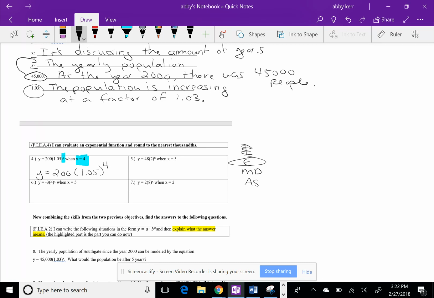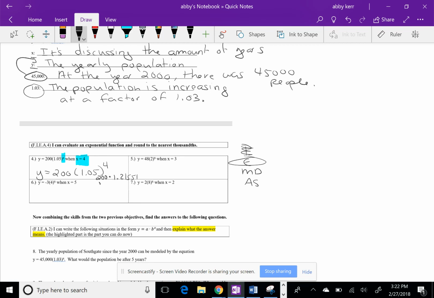So, on my calculator, 1.05 raised to the 4th power is a long decimal. So it is 1.21551. And then now that's times 200.